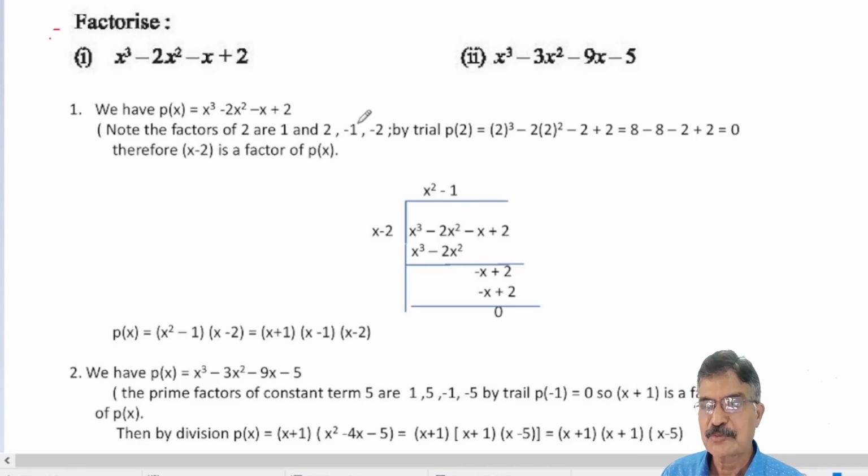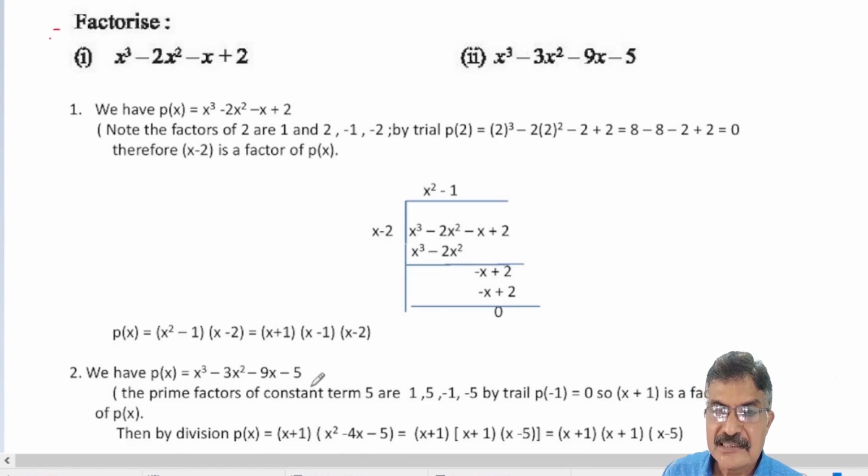Then x minus 1 is one factor. Then substitute minus 1. If you substitute minus 1, you will get the answer also 0. Then x plus 1 is a factor. Then minus 2. While we substitute x as minus 2, you will not get 0. So x plus 2 is not a factor. Other three are the factors. You can do it that way also.